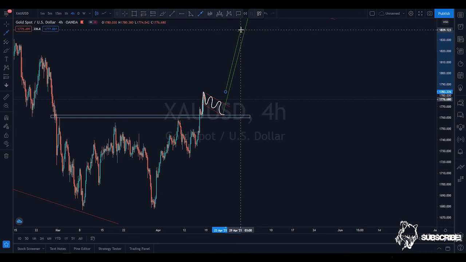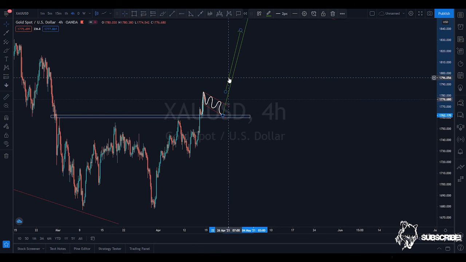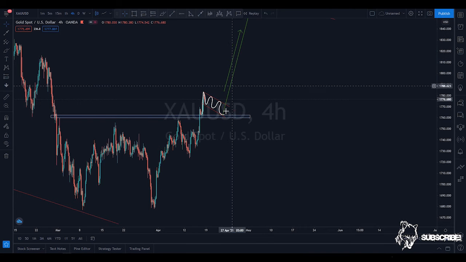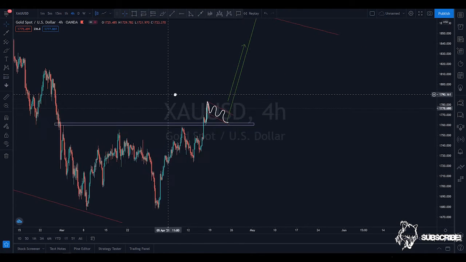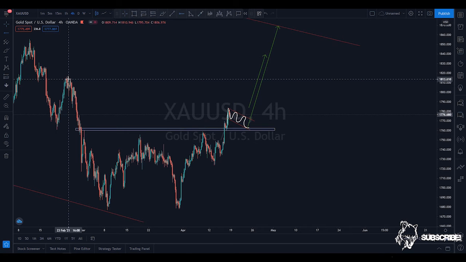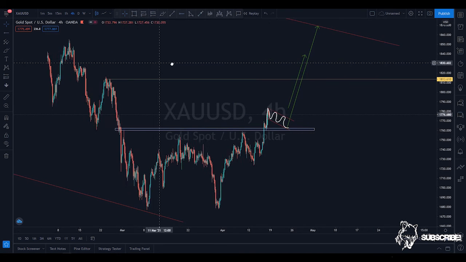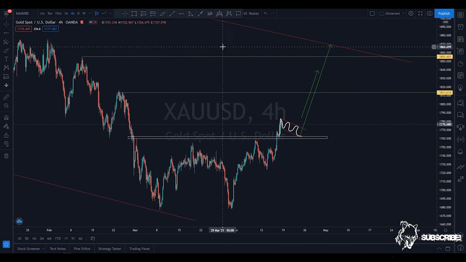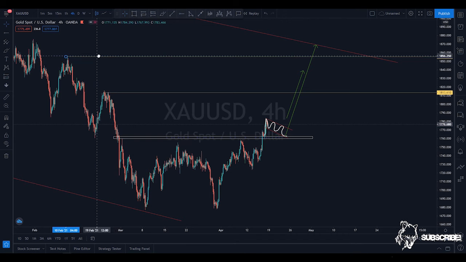So this is the safest one. So the first one there is what we call the risk entry, and then with this one here, the risk is reduced, but both of them are what I see on the market. So the first take profit might be this area here, then the second profit might be that area there.